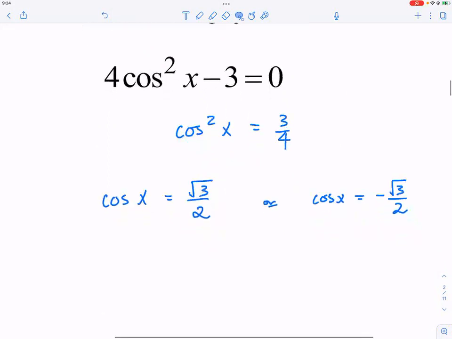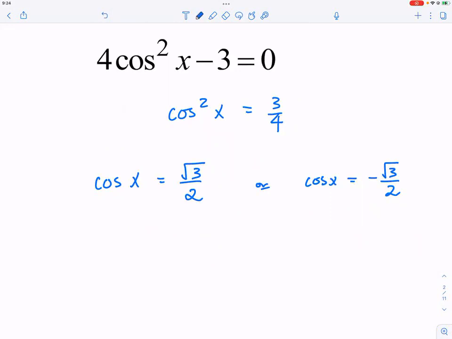And based on these two possibilities, you write out your angles. And as I said, it's all about your unit circles. So cosine x is equal to √3/2. That means your angles are pi/6 and 11 pi/6.